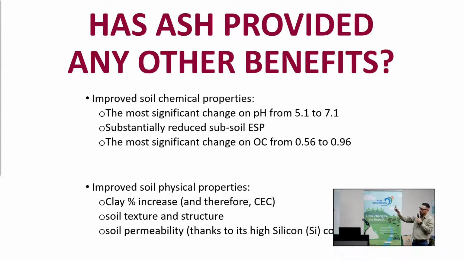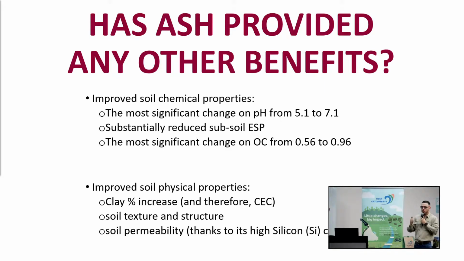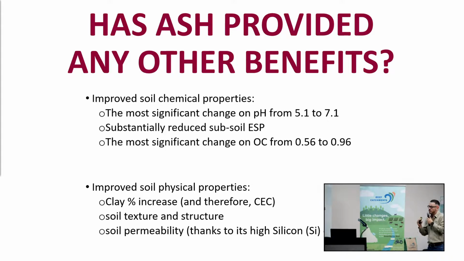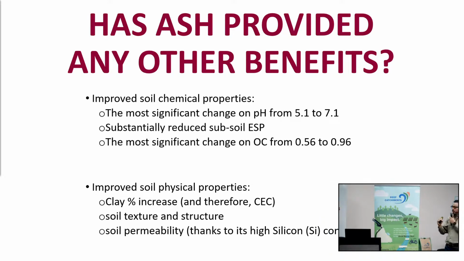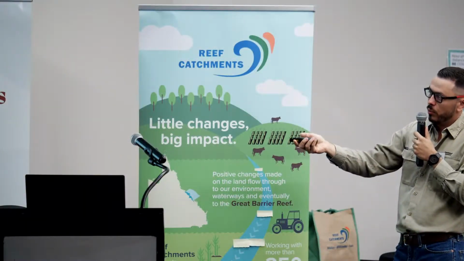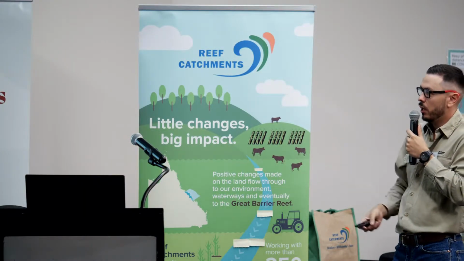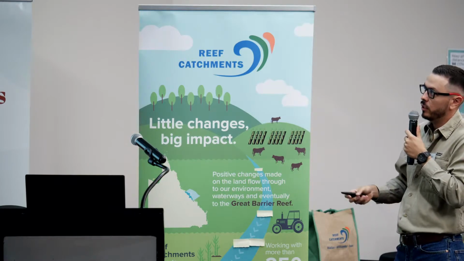I don't remember if I added that on the first slide when I showed you the graph, but we know that a bulk density higher than 1.6 doesn't allow roots to penetrate, so we were able to drive down that bulk density and allow roots to penetrate. And then the soil permeability was improved thanks to the high silicon content in the ash.